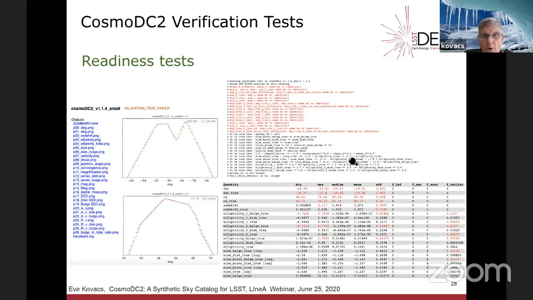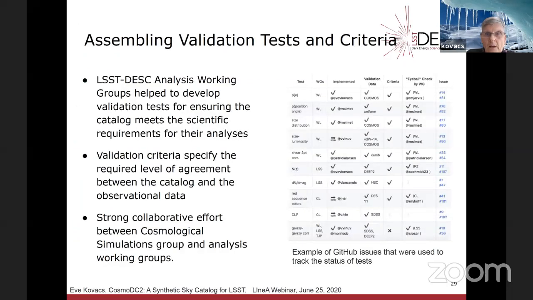I don't want to go into too many details here, but it was a very convenient way to make sure that the quantities that we were feeding to the image simulations weren't going to be a problem. So assembling the validation tests was a lot of work by the different working analysis groups, and it was a strong collaborative effort.